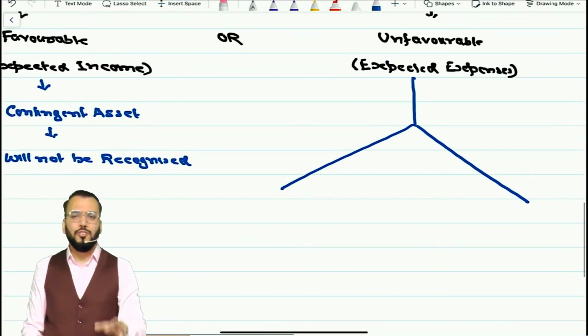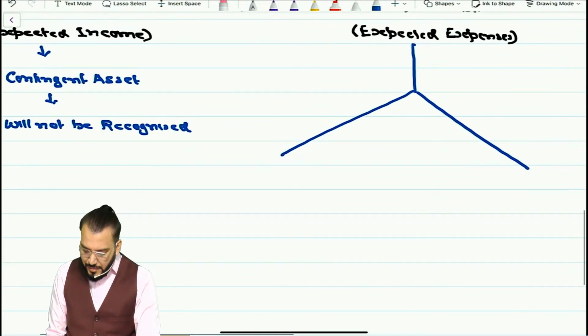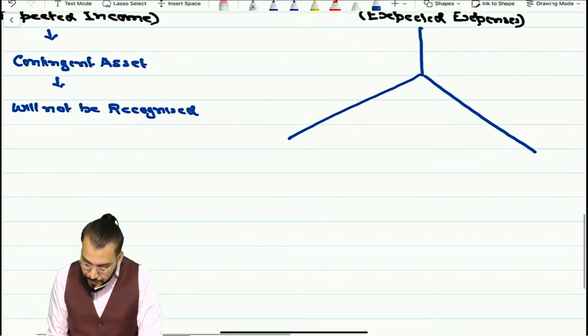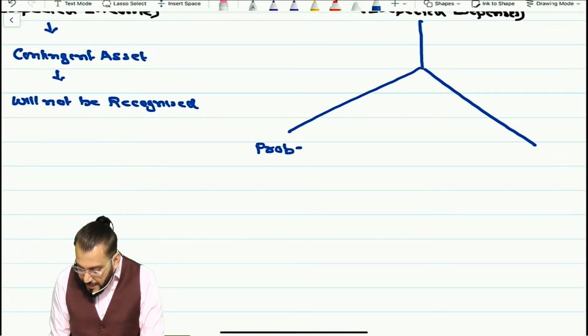So what AS4 used to say, however we have not done AS4. AS4 has said that if the expected expenses are probable and the amount can be estimated.